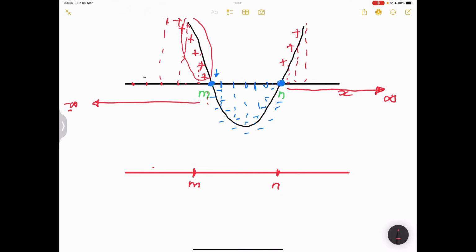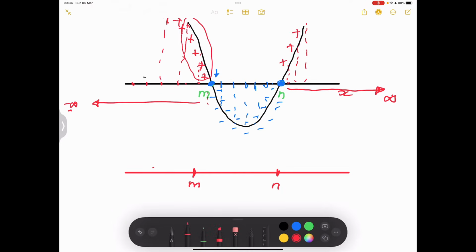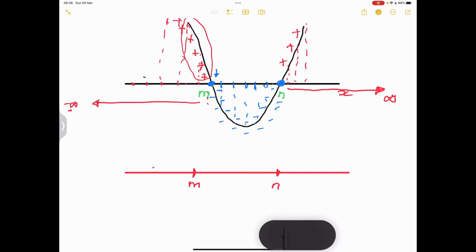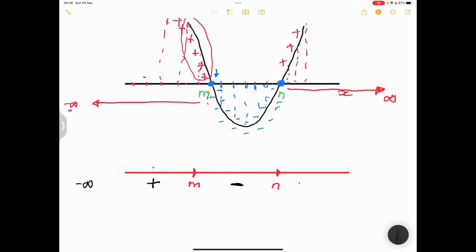So as a result, to simplify our own lives, we simply say, for any values between negative infinity till m, the graph is positive. Between m and n, the graph is negative. Between n all the way to infinity, the graph becomes positive again.